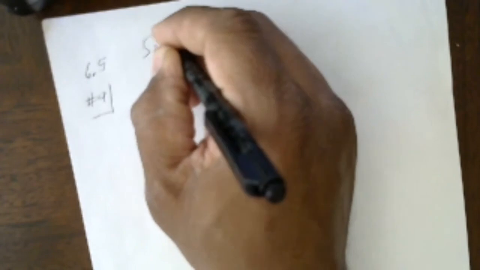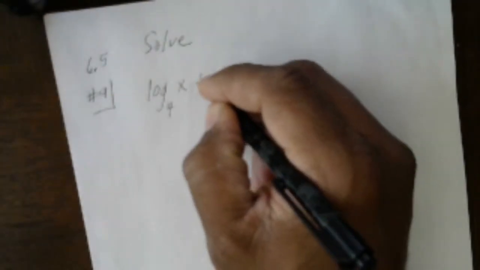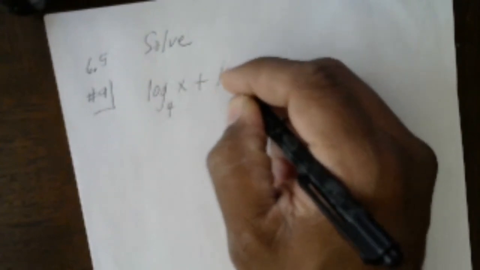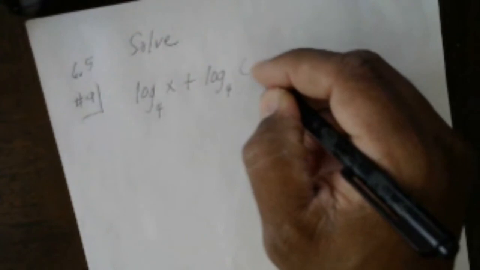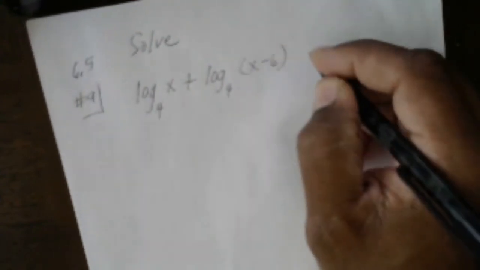All right, let's take a look at another problem. This one is similar to number 9. And here again, we're asked to solve the log base 4 of x plus the log base 4 of x minus 6 is equal to 2.